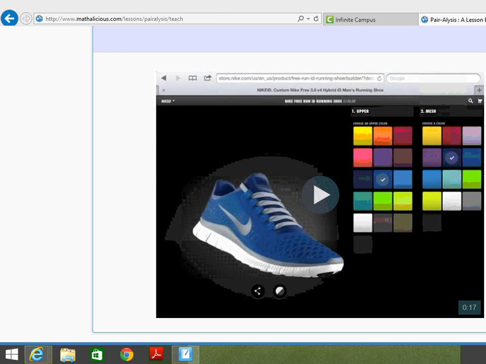Okay, right here you can see the Nike site that has all the outcomes for a Nike shoe. So if we build a tree diagram of this site, you would have to list yellow, purple, burgundy, pink, light purple, dark blue, medium blue, very light blue, sea green, lime green, yellow, white, gray, olive, and charcoal as your first part of your tree diagram.